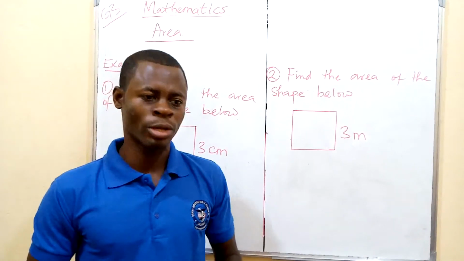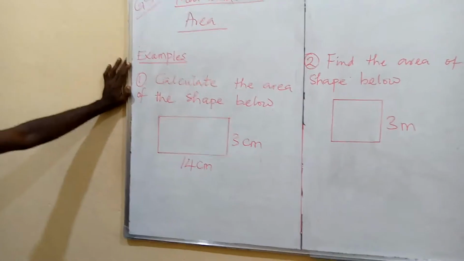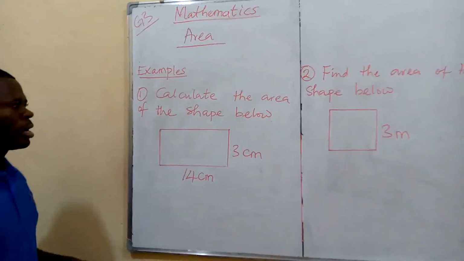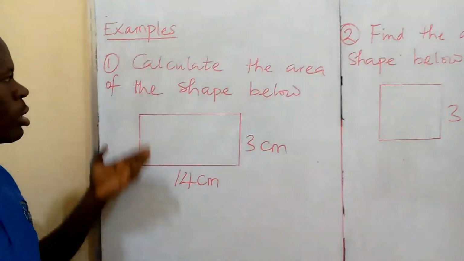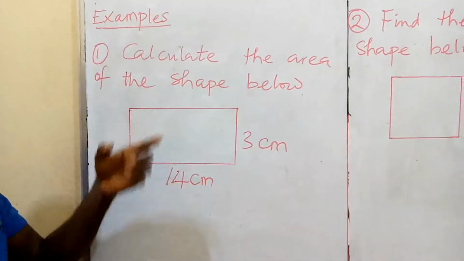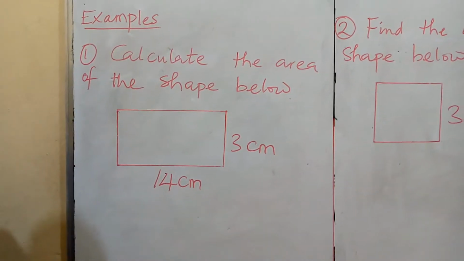We are going to start with example 1, and the question here is: calculate the area of the shape below. Here is the shape.